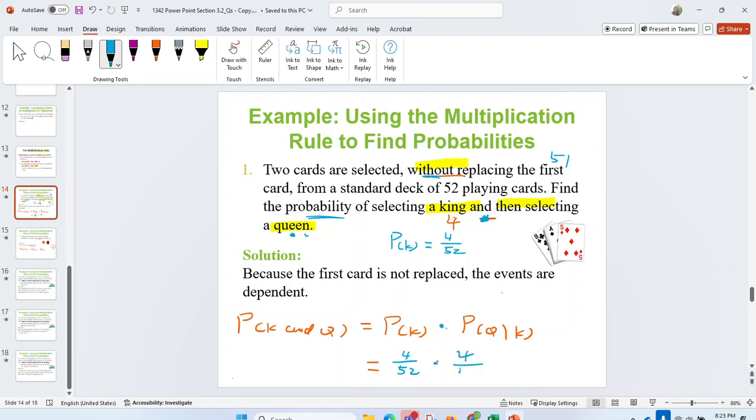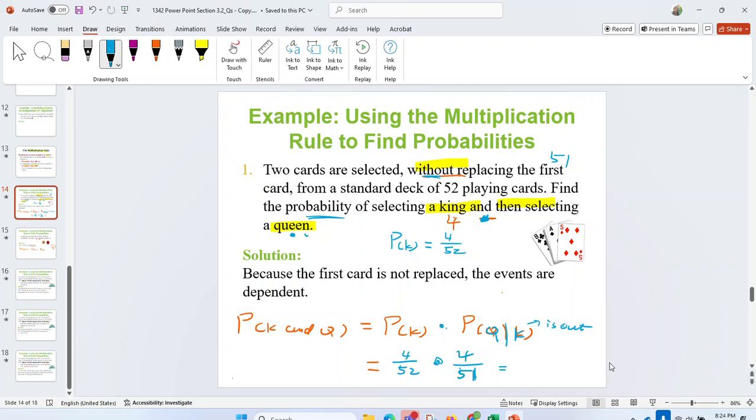That's my probability of selecting a queen given the king is already out, not replaced. So my probability here is 4 out of 51. Then I multiply these two together. That gives me the probability that the first is a king and the second is a queen without replacing.